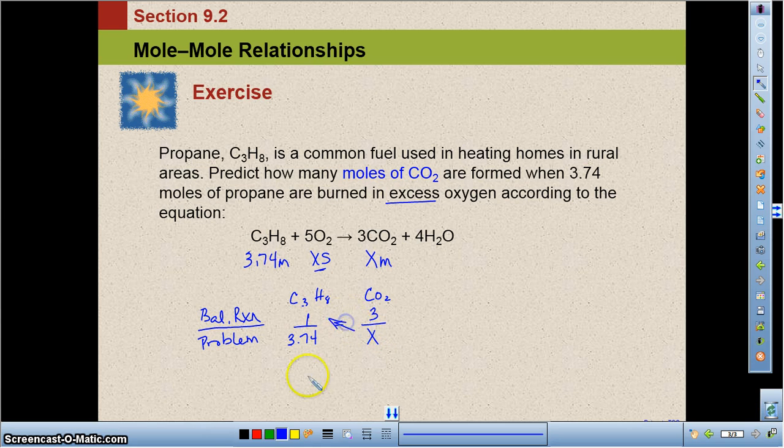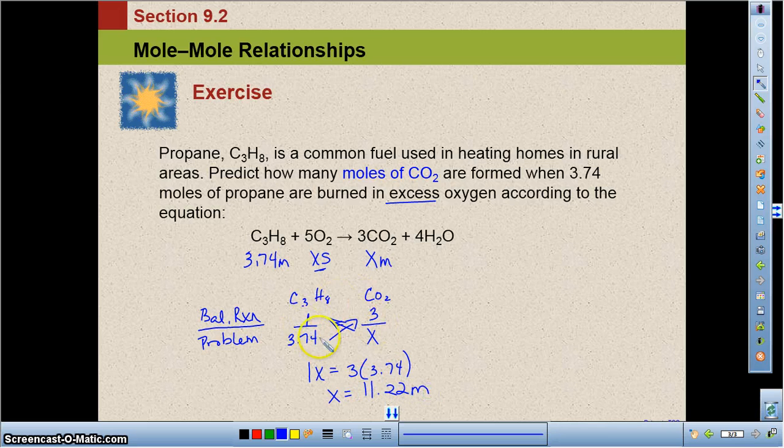I'm going to cross multiply, so I have 1x equals 3 times 3.74. I'm going to put that in a calculator, 3.74 times 3. And we come up with 11.22.